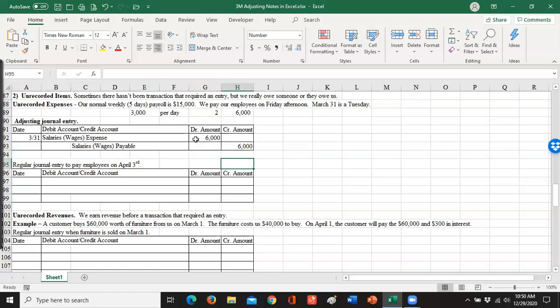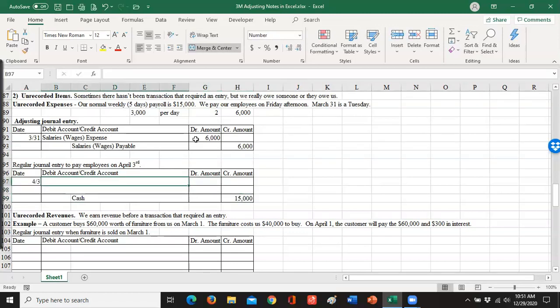And this one kind of happens in the opposite order of the one we did before, because then on April 3rd, which is the Friday, that's the date that I'm really going to pay them. So that would be 4/3. When I actually pay them, pay cash of 15,000.